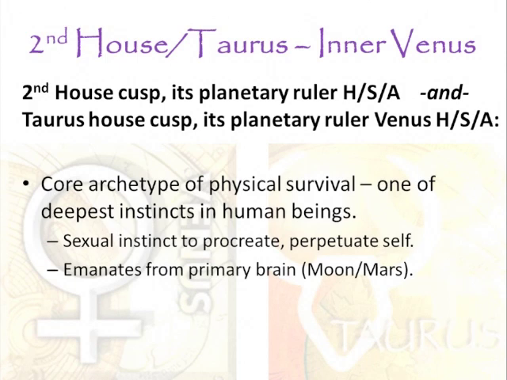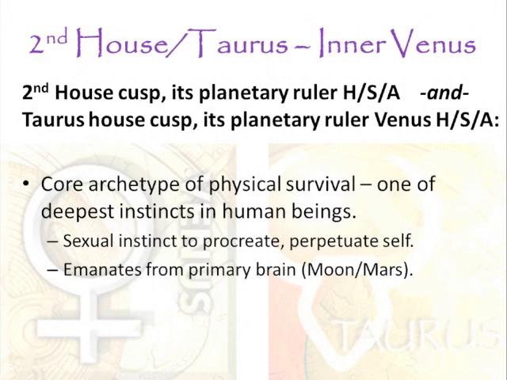Now, that instinct to procreate actually emanates from the primary brain. This is co-ruled by Moon Mars, which is a whole other subject that we can pursue in a future class after we get through some of these basics. The primary brain is located in the back of the brain, just above the brain stem, the medulla oblongata.